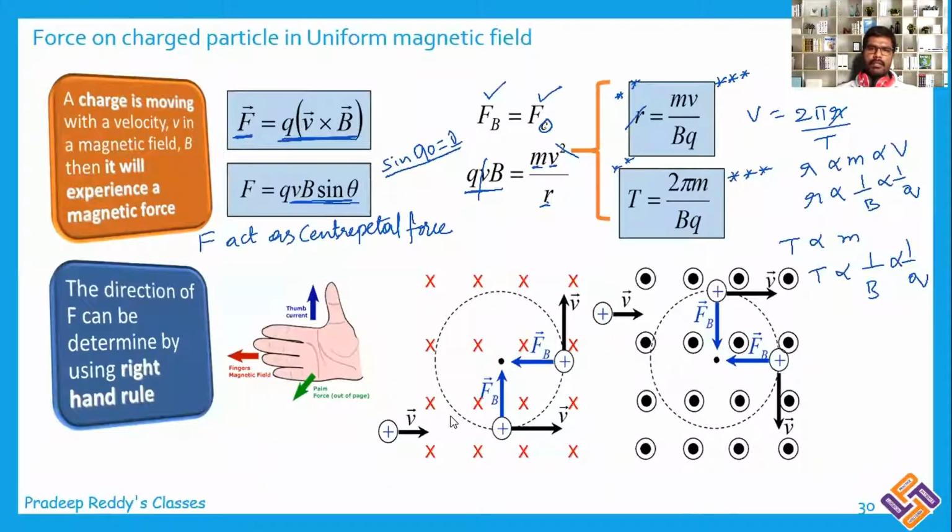Now, as I told you, depending on the direction of velocity of the charged particle entering into the field, the force can be given by Fleming's left hand rule.